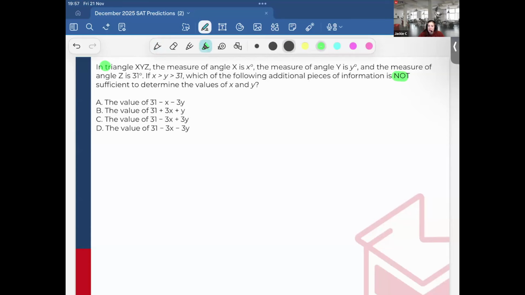Okay, so if I want to determine if the other pieces of information will give me individual values of x and y, there is a simple way to determine this, because basically I'm looking for the answer choice that is going to be the same expression as this, because that would be something that would not be sufficient to determine its values.